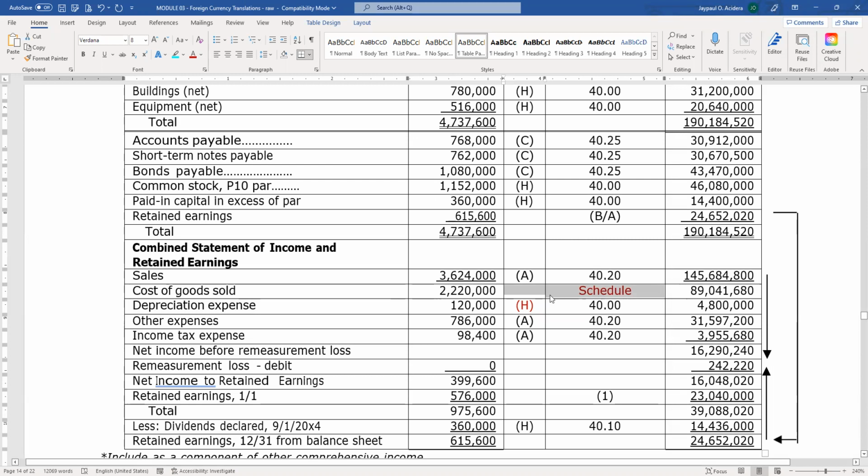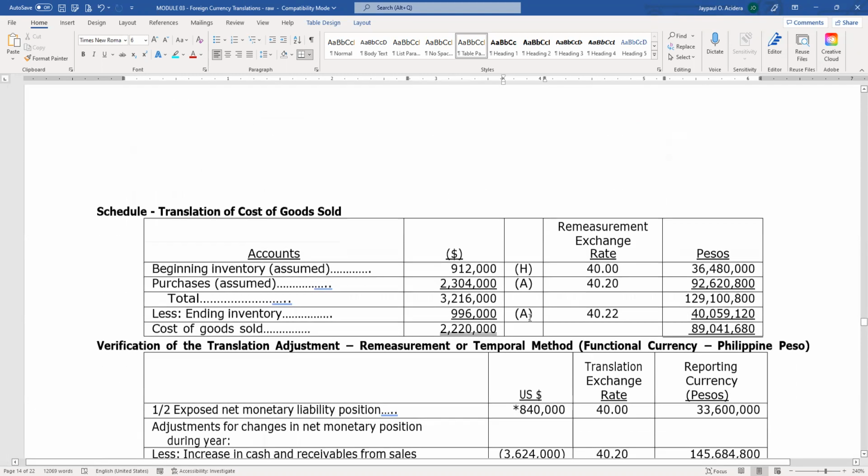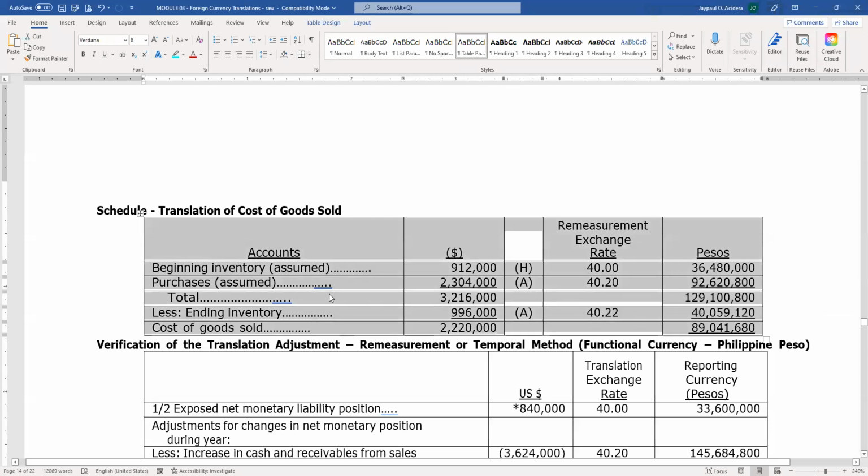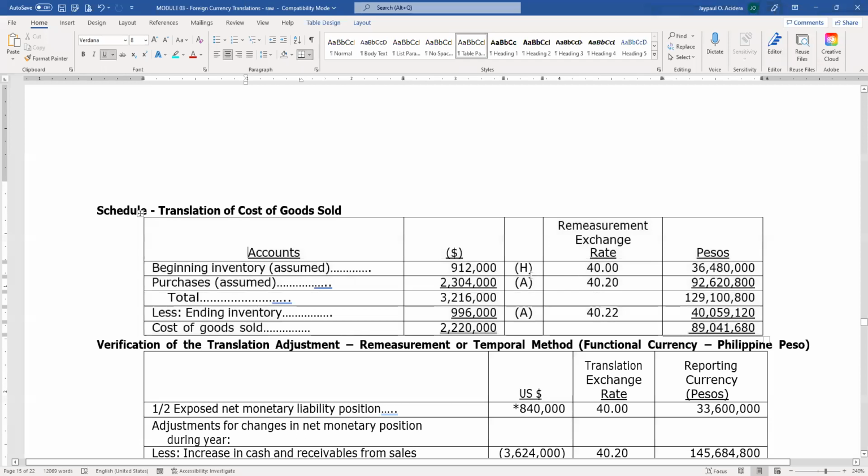Kasi mixture siya. Mixture siya ng average and historical. Ito yung schedule niya. Ayan. Okay, kasi yung beginning inventory is historical, pero yung purchases and ending inventory, they are both average. So combination siya, kaya kailangan ng separate schedule for the cost of goods sold. Okay?